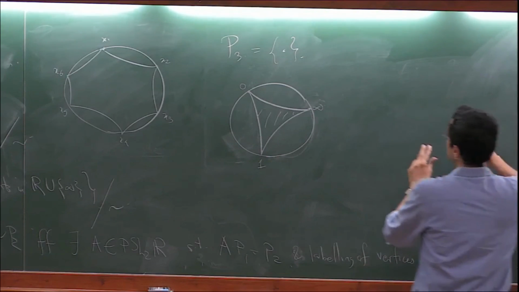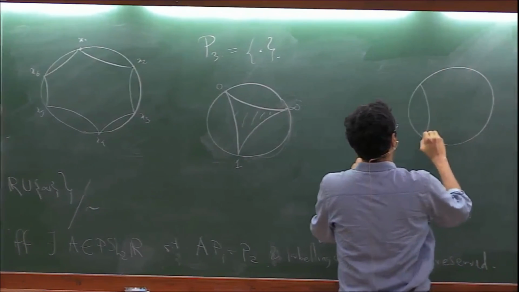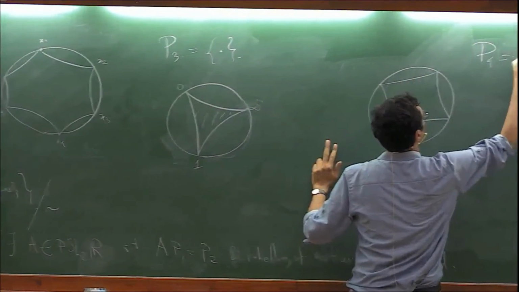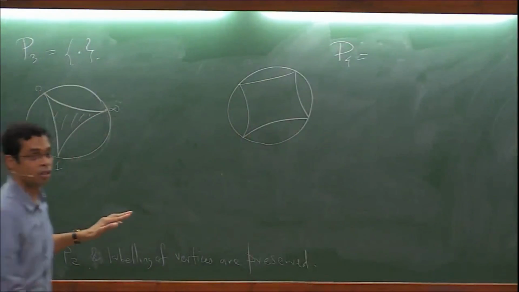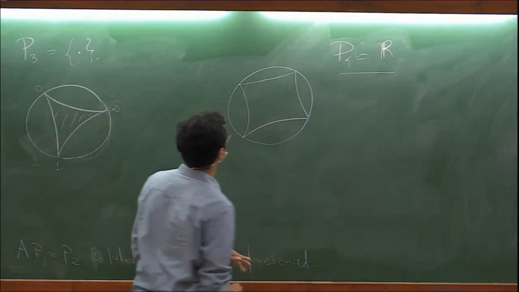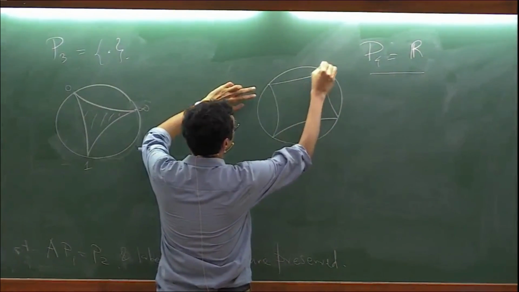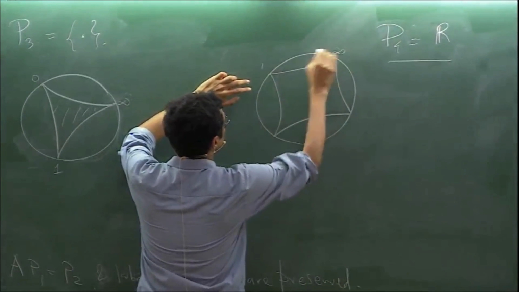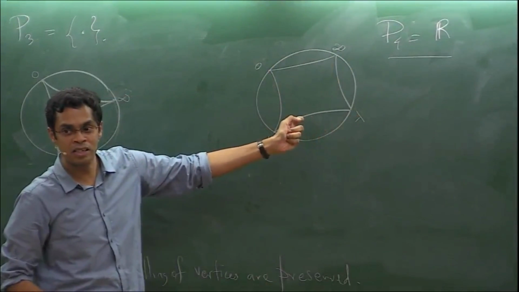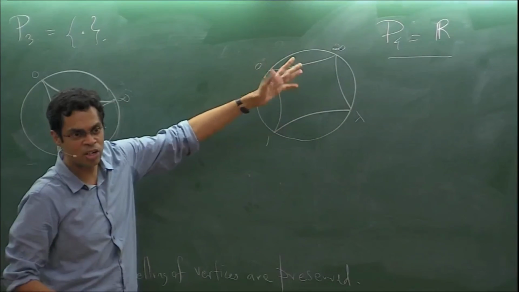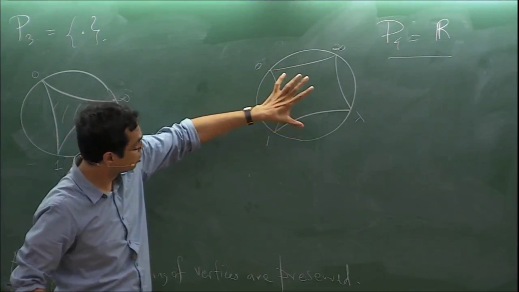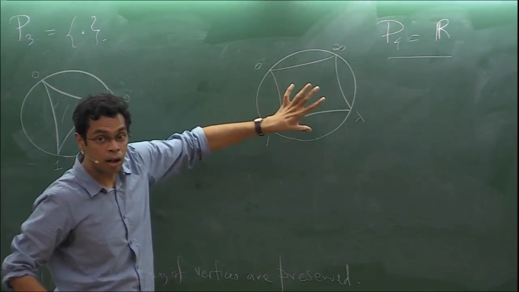If you look at an ideal quadrilateral, how many degrees of freedom do you have? The guess is that it's R, and that's correct. You can fix 3 points to be, let's say, infinity, 0, and 1, and the other to be lambda. You might have learned this as the cross ratio of 4 points. If 4 points lie on the circle, then this cross ratio determines the quadrilateral up to this kind of isometry.